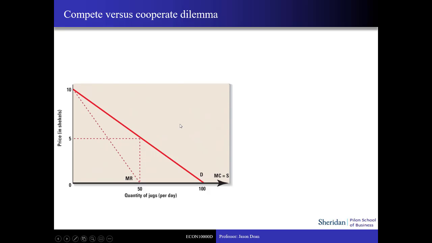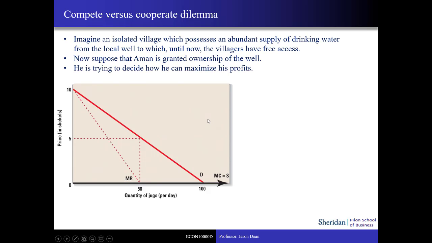We're going to go over a simple example or illustration here, a little bit of a story. This is from the textbook, to illustrate the concepts that I just talked about. So we're going to imagine a small isolated village. It possesses an abundant supply of drinking water from a well.